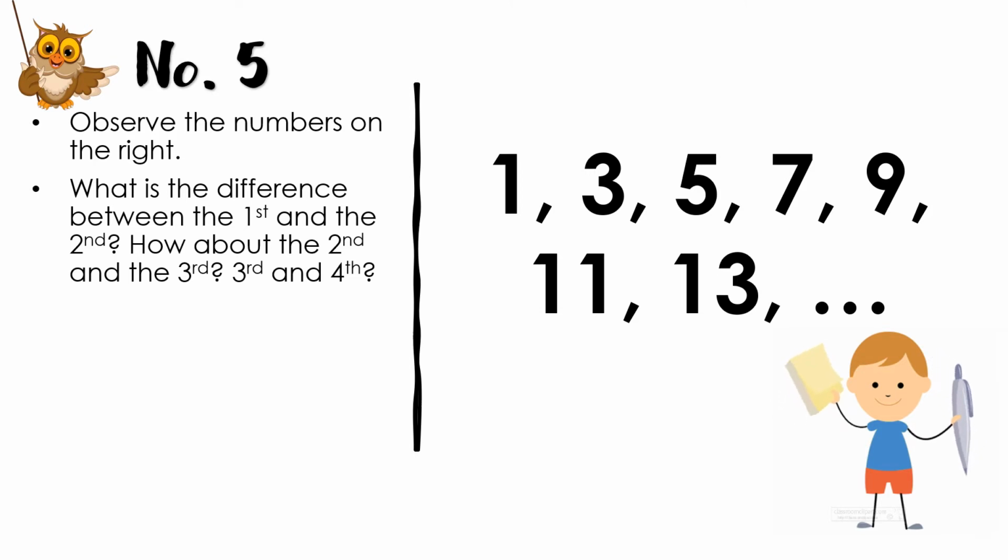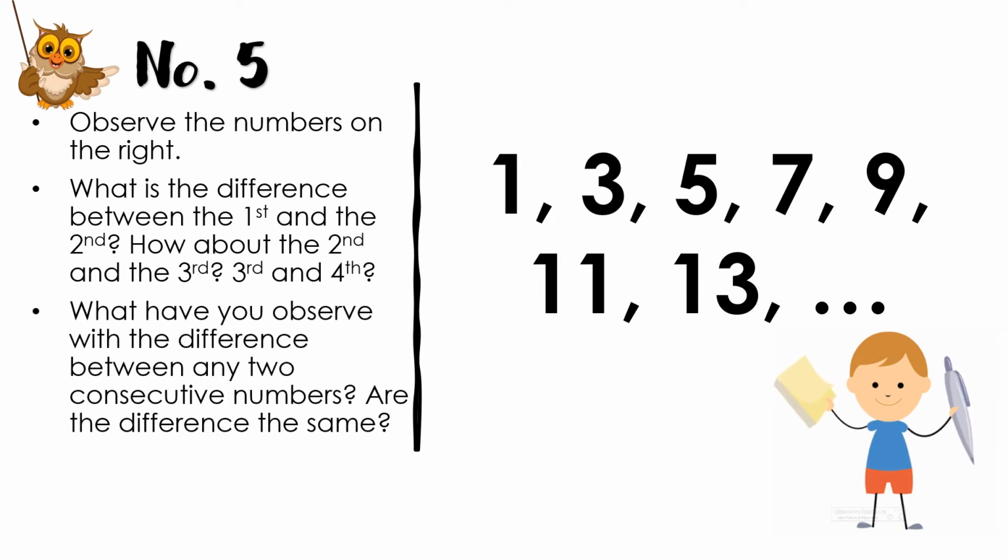The third and fourth. Do you have answer in mind? Write your answer on your notebook. Question: what have you observed with the difference between any two consecutive numbers? Do you have answer in mind? Write your answer on your notebook.